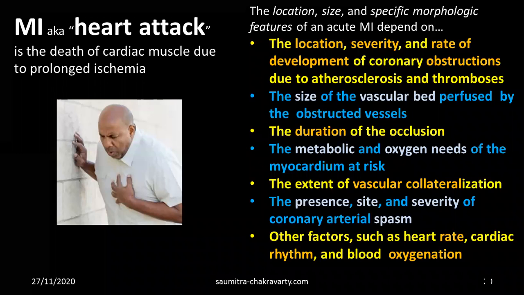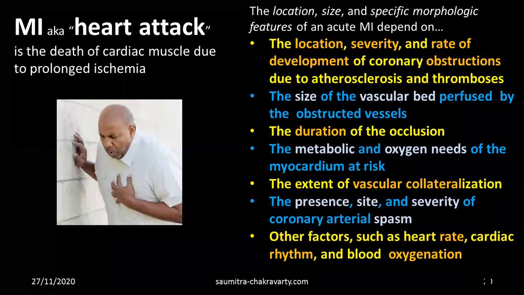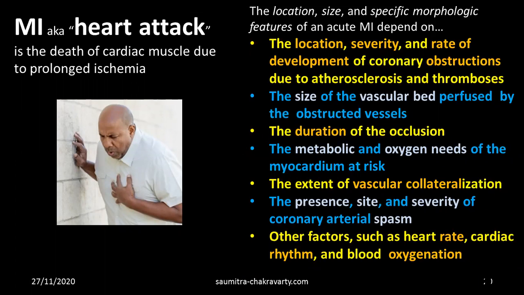Now, then comes the myocardial infarction or heart attack. So it's a death of cardiac muscle due to prolonged ischemia, and it depends on a lot of factors. So I have actually made a list of it. I don't intend to read the whole list here. I prepared the list and pointed the keywords in slightly different shades of line color, so that when you go through it later, I'll share this PowerPoint presentation.